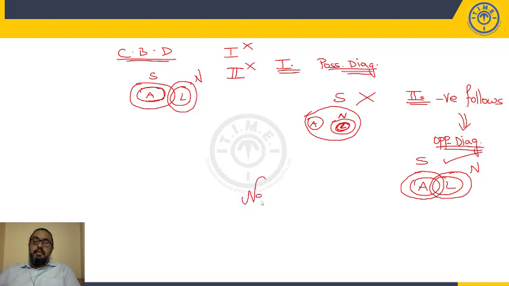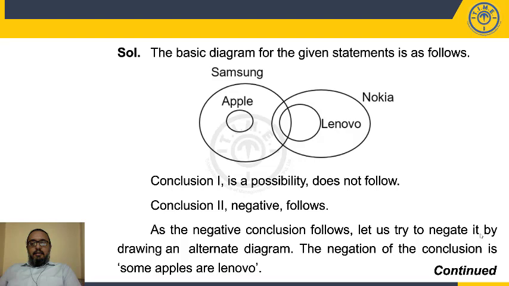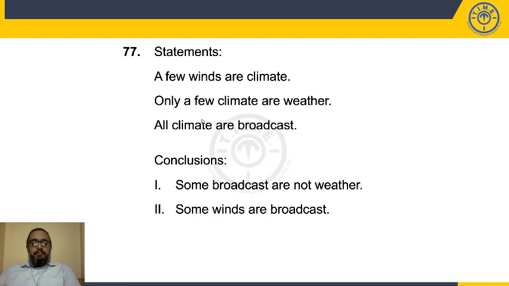So my answer is neither 1 nor 2 follows. Correct? So choice 4 is the answer. So here, neither 1 nor 2 follows. Choice 4.